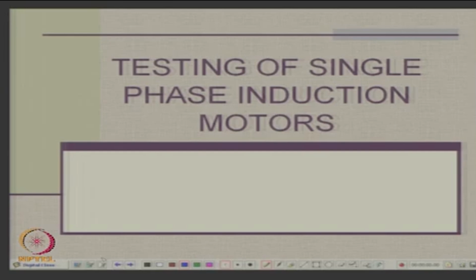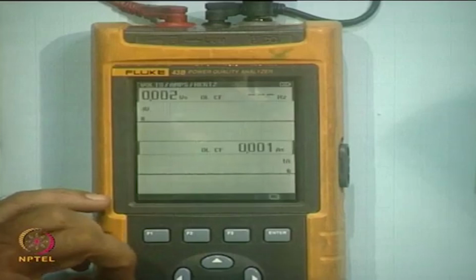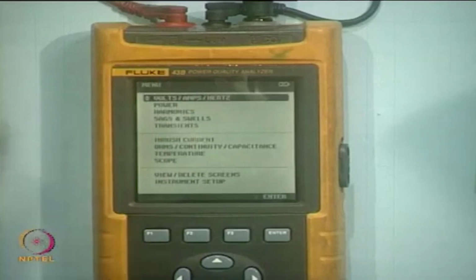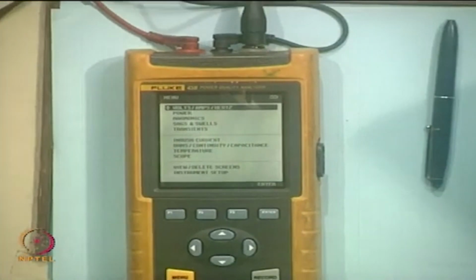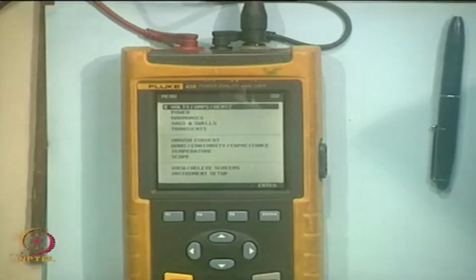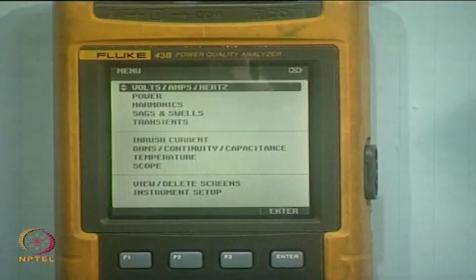And I have just shown you this. Since you say you have used it, let us see whether you can get the feel of this. Typically this is one of the standard meters made by Fluke, a power quality analyzer, they call it.